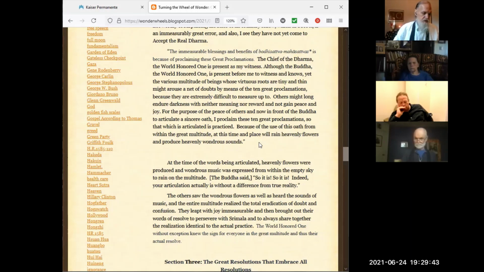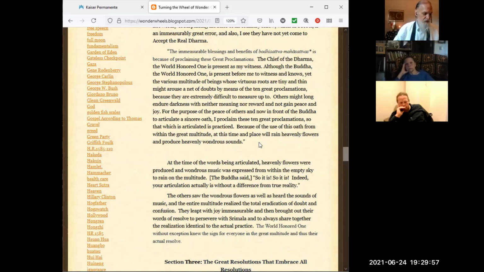So personally I gloss over what the Waymans say about this being a reference to a particular form of the blessing of truth, and just focus on the sincerity of the oath, and that she's declaring, how could I not be sincere, because I'm making this oath of these 10 great proclamations in front of the Buddha as my witness.